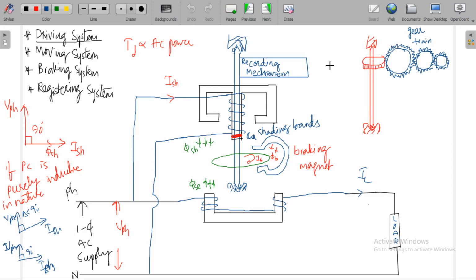So at light loads, this is the disc. If this is the driving torque, then this will be the braking torque, opposite to the direction of the driving torque, which opposes the motion of the disc. Anyhow, torque will be produced due to frictional forces.